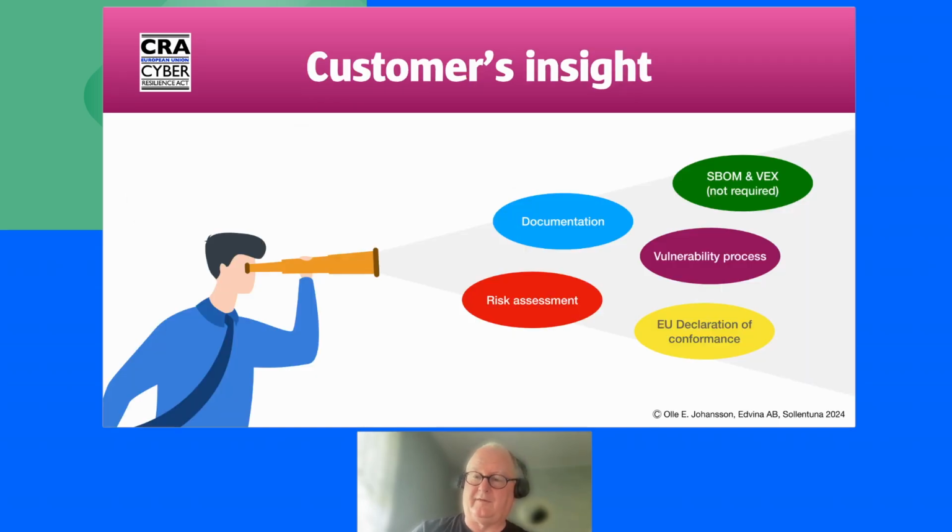But also the customer's insight. And for many companies, the communication department needs to be involved here, because if you haven't really communicated any security issues or discussed your product security with customers, this is going to be a huge change.